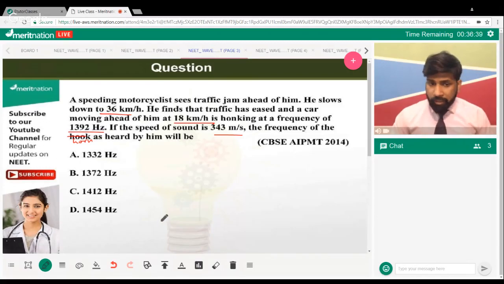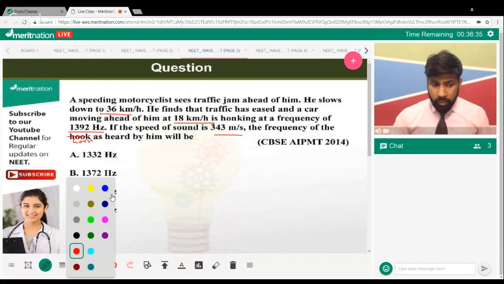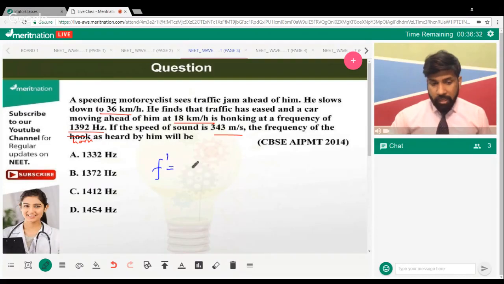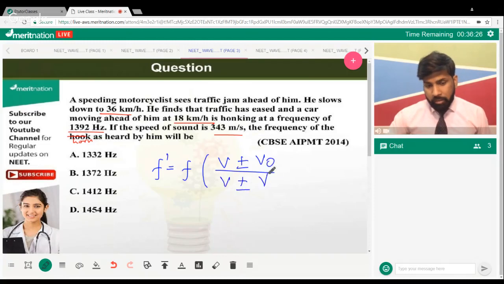You know the basic formula for Doppler's effect, the apparent frequency. F dash equals f times v plus or minus v naught, divided by v plus or minus vs. This is the formula for apparent frequency.